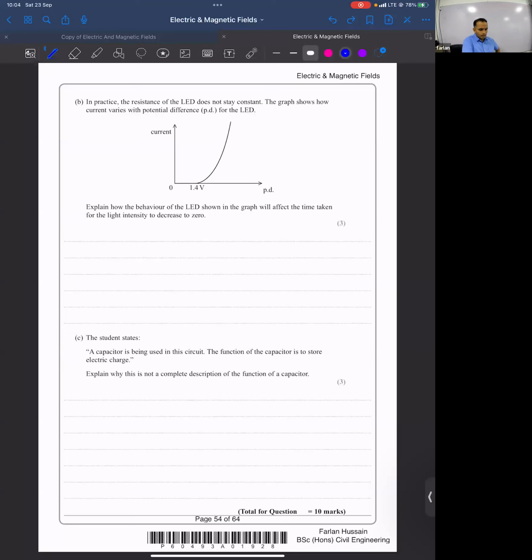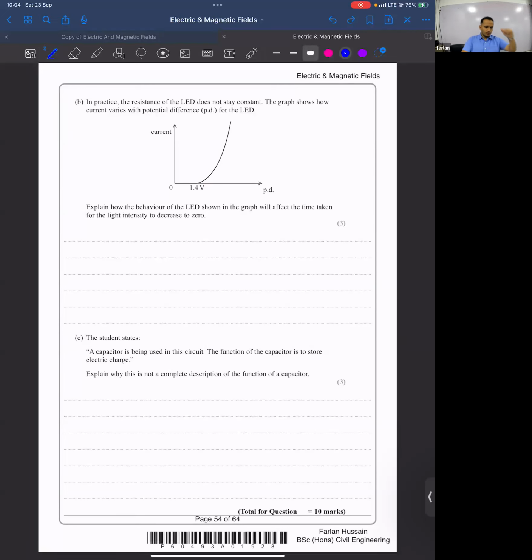But the question says in practice, the resistance of the LED does not stay constant. A current versus voltage graph is given. Explain how the behavior of this LED shown in the graph will affect the time taken for the light intensity to decrease to 0. What do you think?